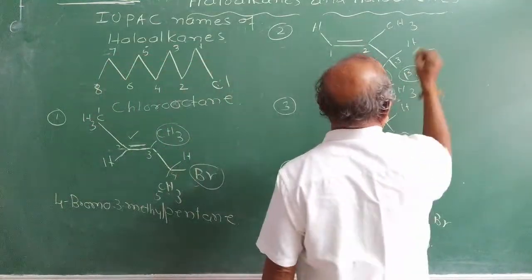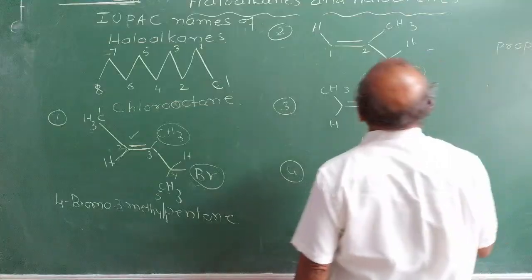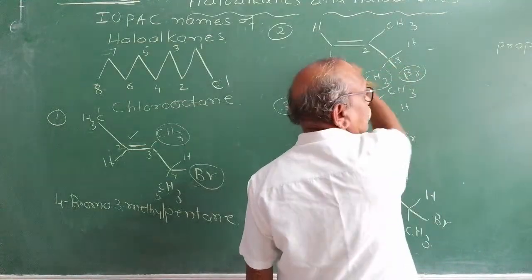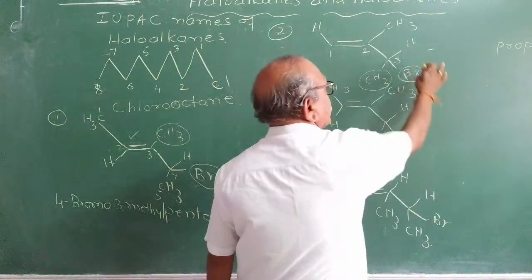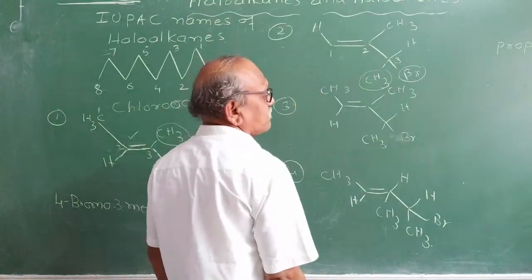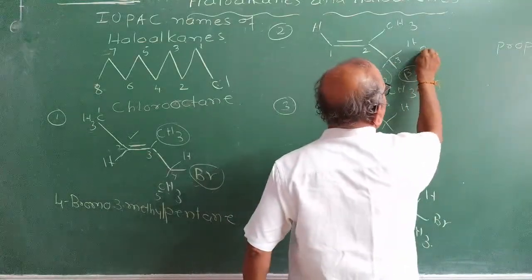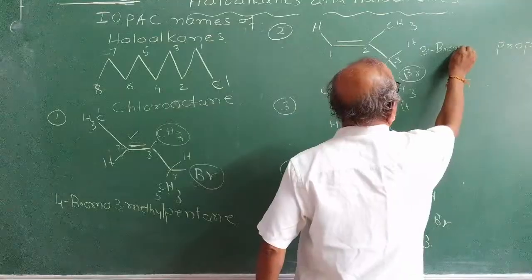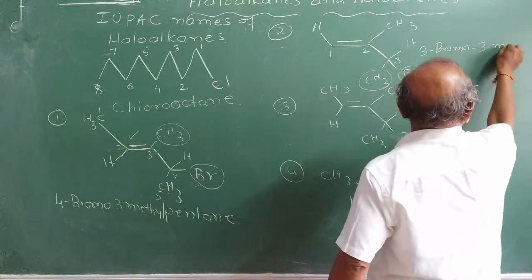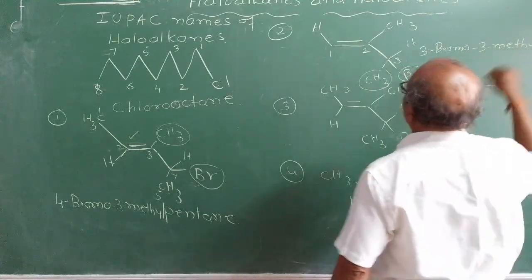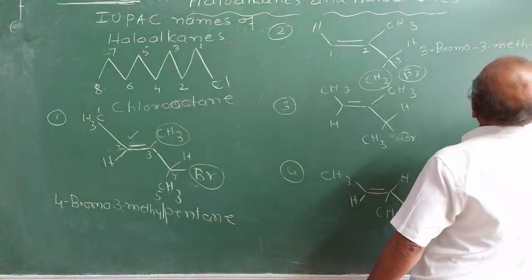Therefore the root word is prop. Suffix: to the first carbon atom there is a double bond, therefore it is 1-ene. Prop-1-ene. Prefix: 3-bromo, 3-methyl. Correct. 3-bromo-3-methylpropene.